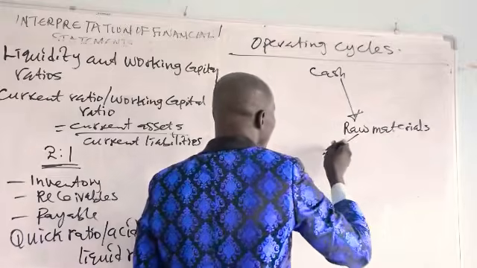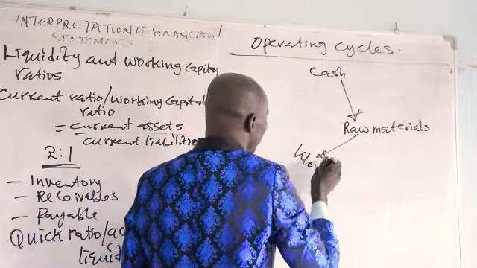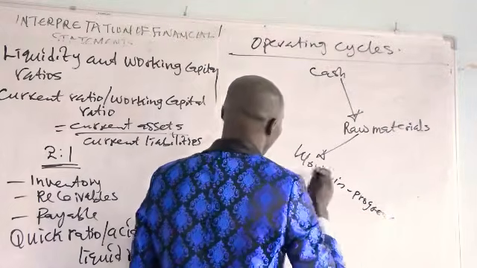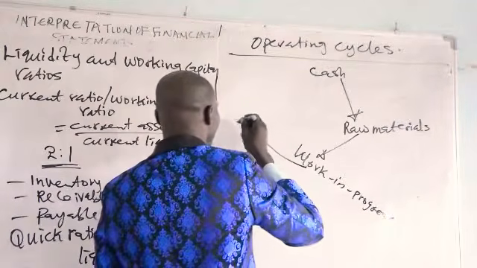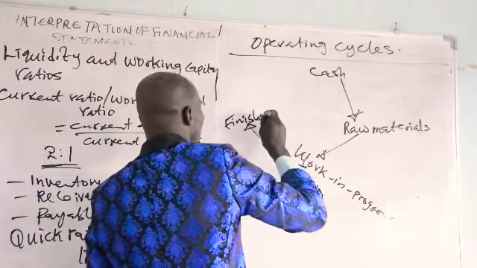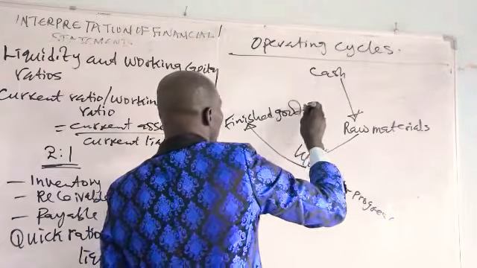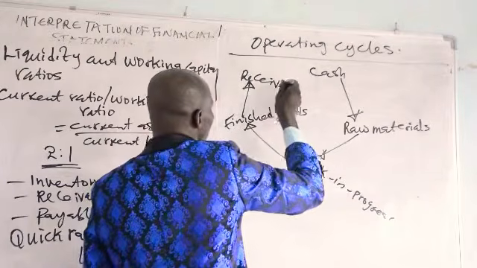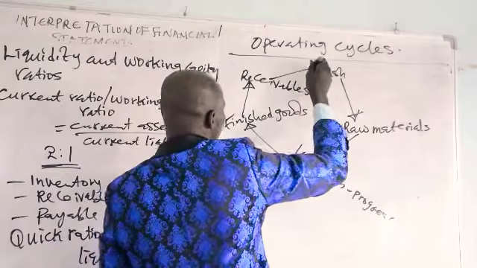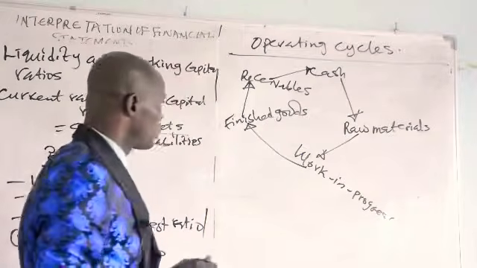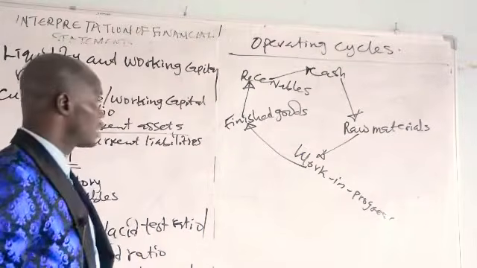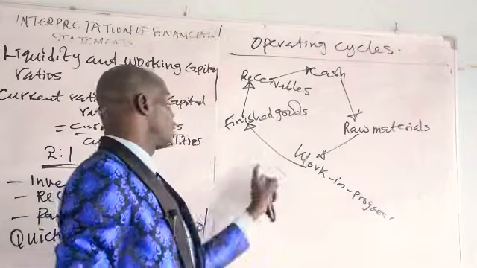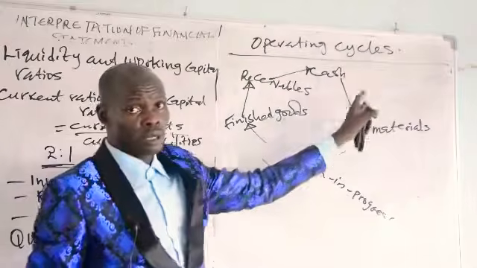Your raw materials will be converted to work in progress. Your work in progress will be converted to finished goods. Your finished goods will be sold. You have receivables. Then you receive cash. This is the operating cycle in the case of a manufacturing business. It is the period from when the suppliers are paid for raw materials to when cash is received from customers.